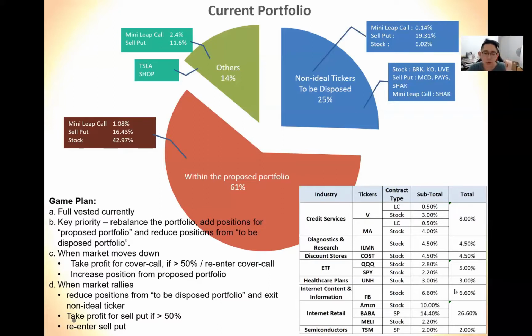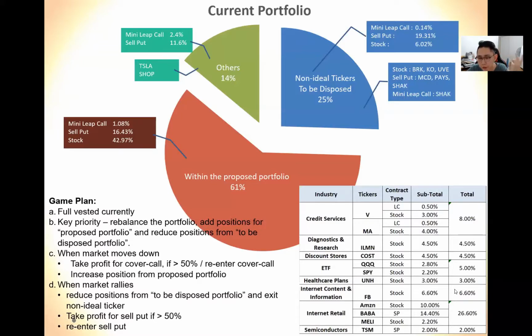Okay. I don't want to go through all the companies in detail, but at a glance, I think all of them are pretty good companies. You have your own filtering process, and I'll share more about my own filtering process later. But as of now, most of the companies are pretty good. I don't mind having them in my portfolio. And again, there's no right or wrong.